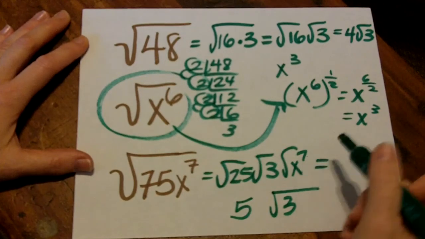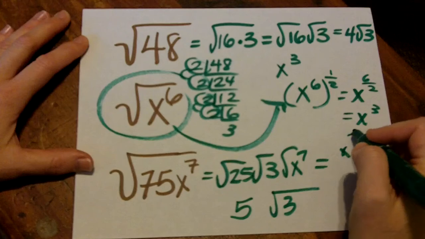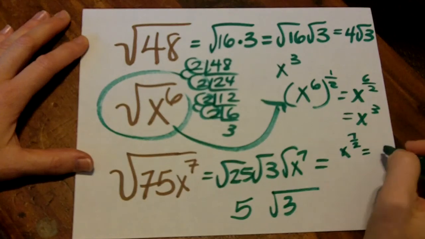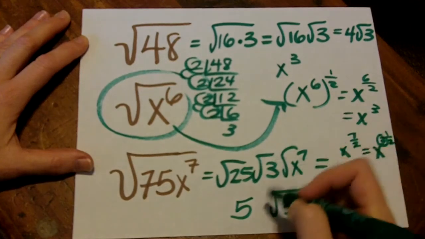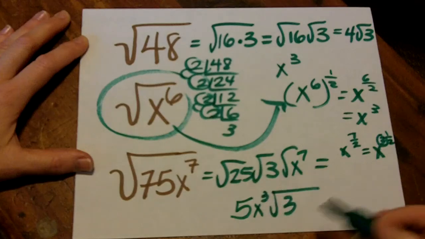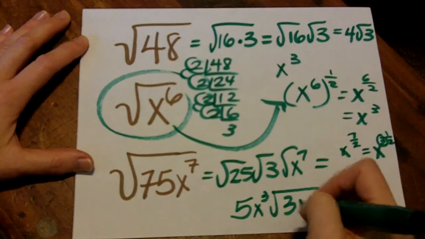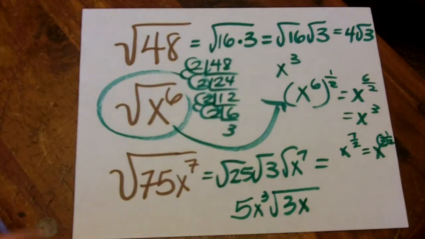And x to the 7th, well, if I did x to the 7 divided by 2, I'm not going to get an even answer. I'm going to get 3 and a half. Well, the x cubed can come outside. The remaining x to the half, or the square root of x, has to remain in the radical. So in simple radical form, the square root of 75x to the 7th equals 5x cubed times the square root of 3x.